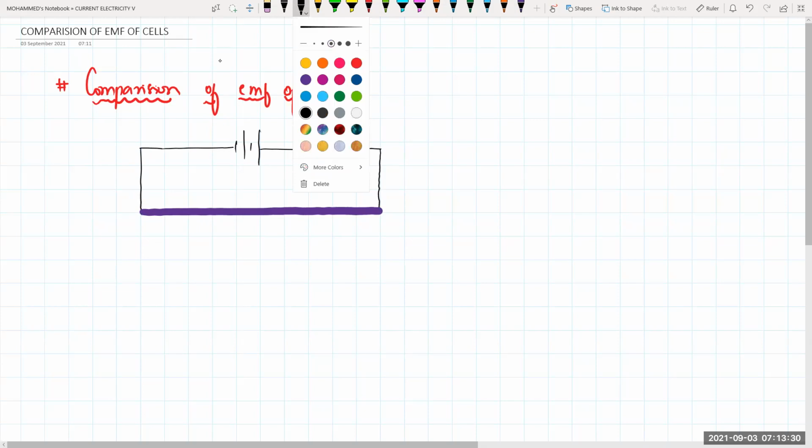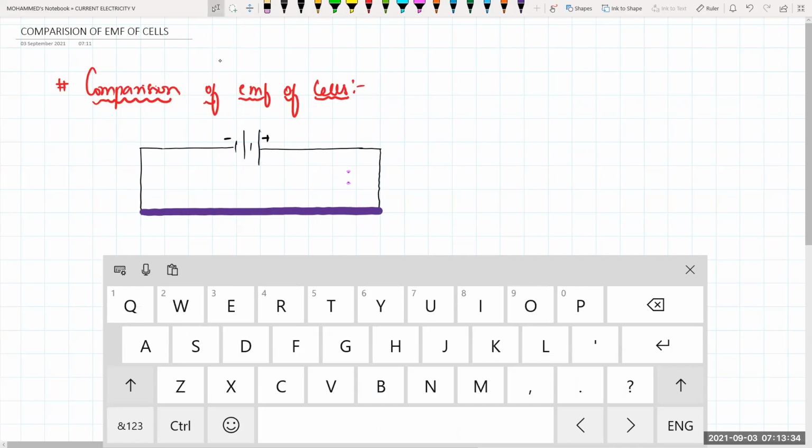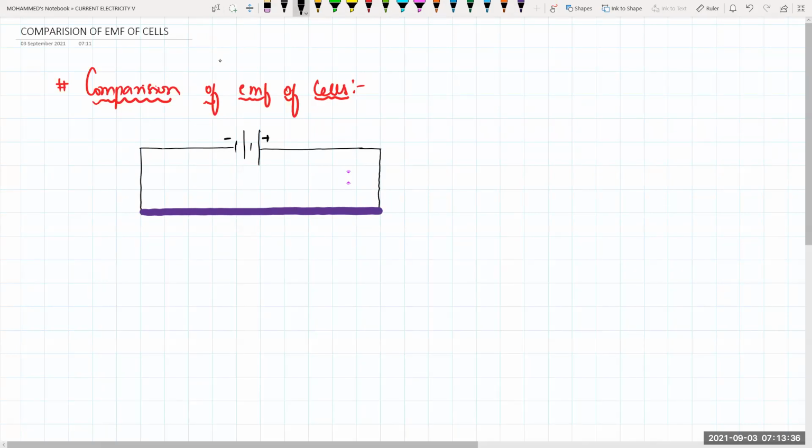This is the negative terminal, this is the positive terminal. So obviously, this is the higher potential and this is the lower potential. So A is at 0 volt, and this is, say for example, B. B is at V volt, and there is a flow of current like this.